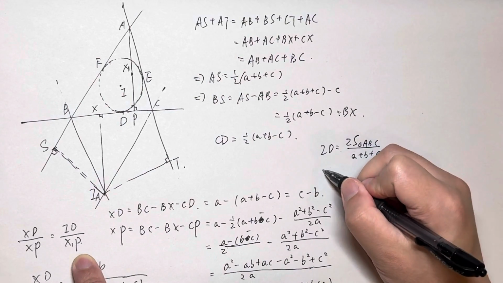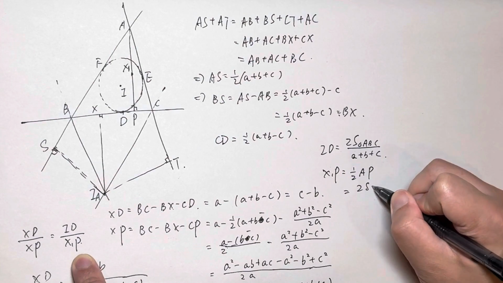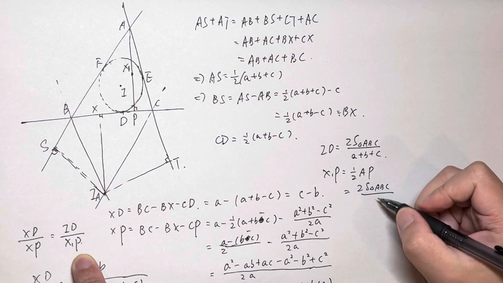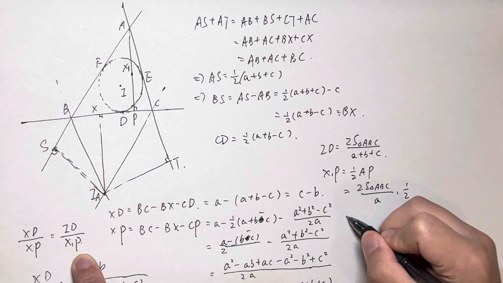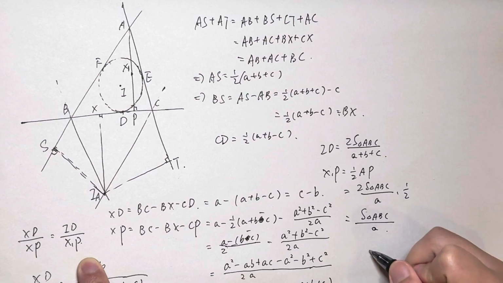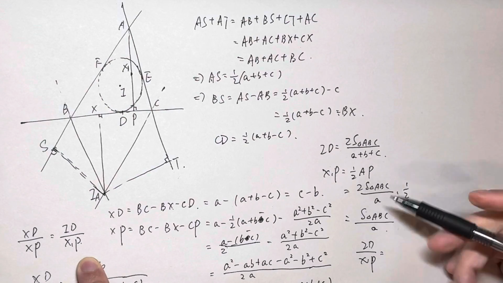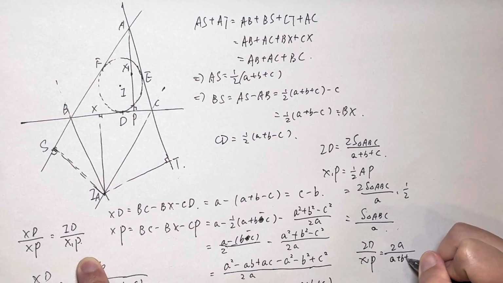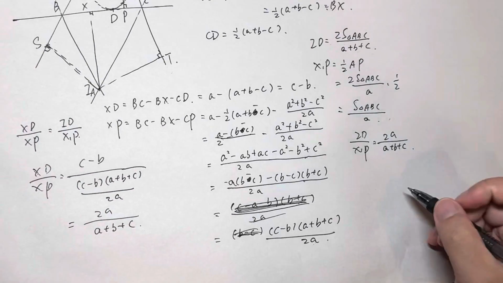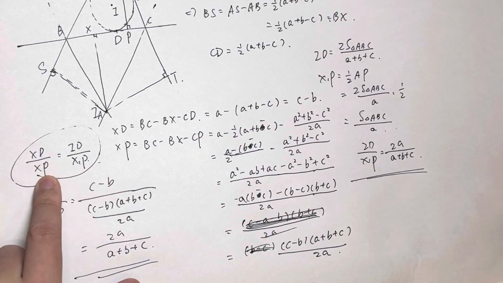And X1P equals half of AP, which is twice the area of triangle ABC divided by a times 1/2, so it equals the area of triangle ABC divided by a. So ID to X1P equals this one divided by this one, which is 2a to a plus b plus c. Now we can see that this one equals this one, which means this is true.